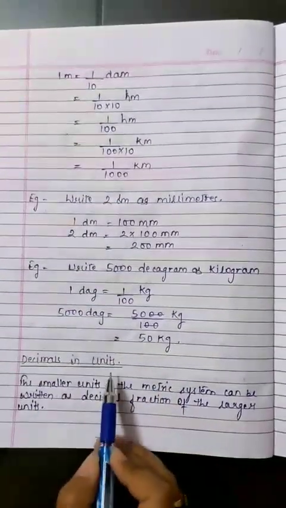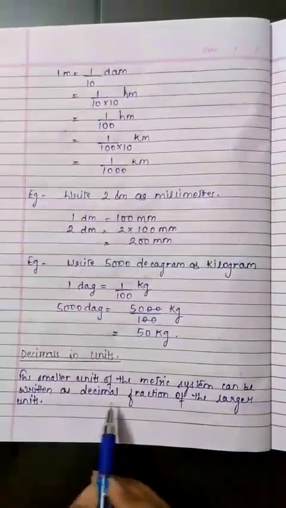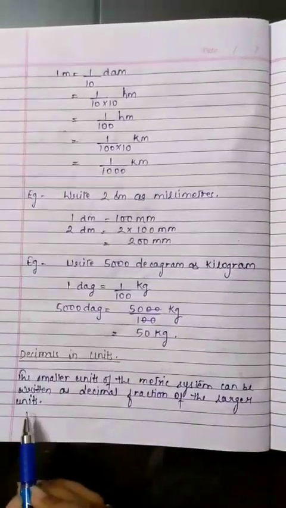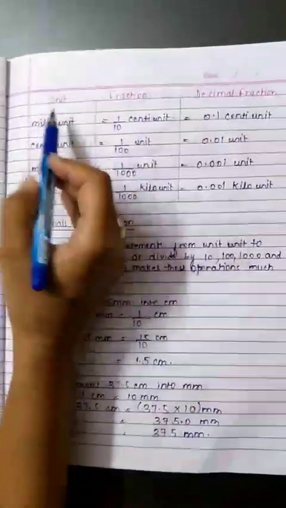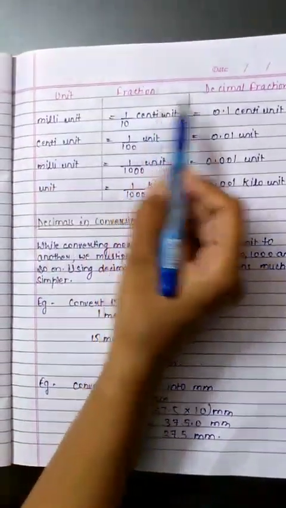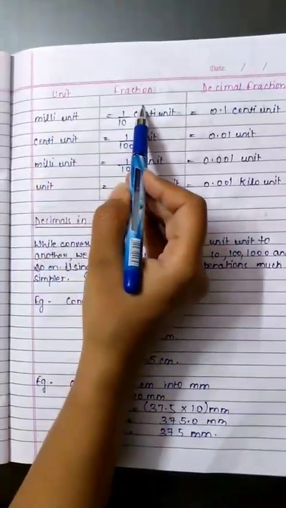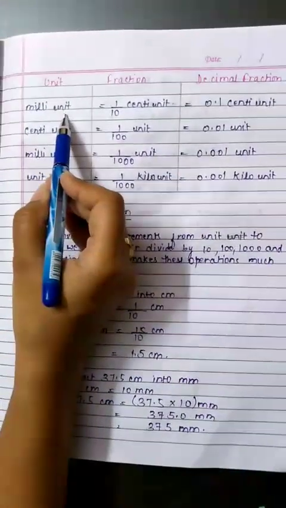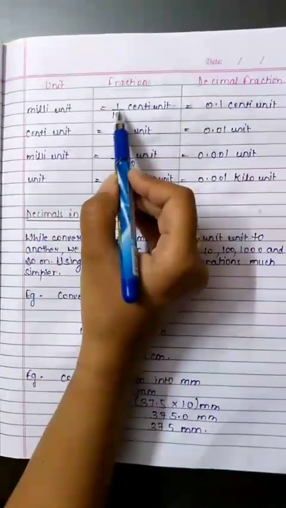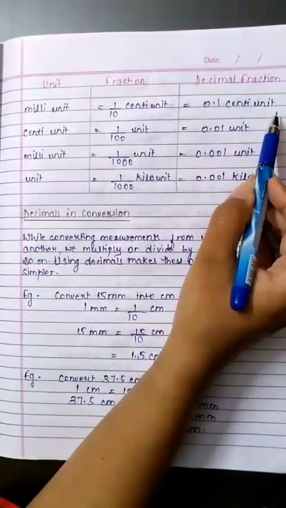Next, decimals in units. The smaller units of the metric system can be written as decimal fractions of the larger units. In this, we have 3 columns, that is unit, fraction and decimal fraction. Here we have to convert unit into fraction and then to decimal fraction. First, milli-unit is equal to 1 upon 10 centi-unit, which can be written as 0.1 centi-unit.